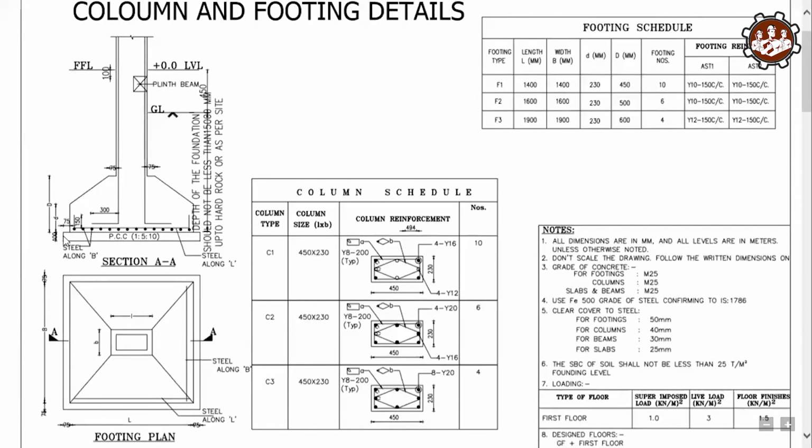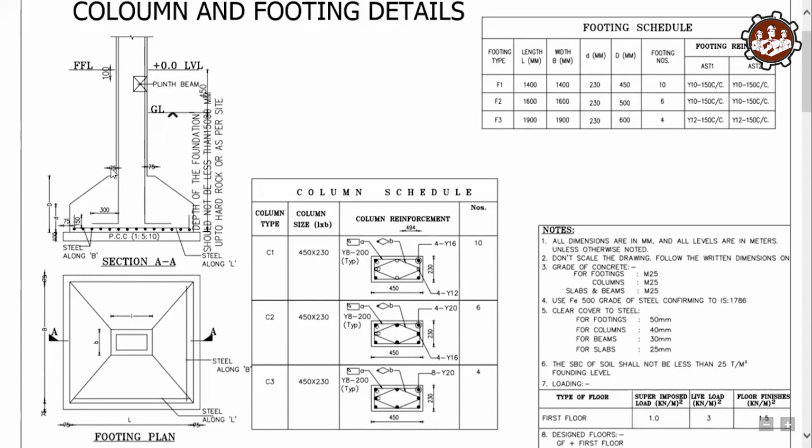The thickness of PCC is 100 mm, and the projection of this PCC from the face of footing is 75 mm. Capital D is given here, that is 450 mm for F1 footing, and small d is 230 mm for the F1 footing. This is the 75 mm projection from the face of column.